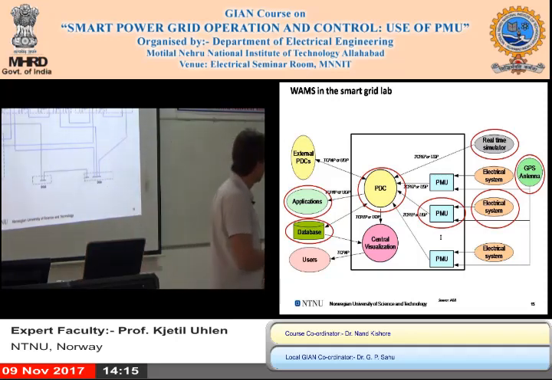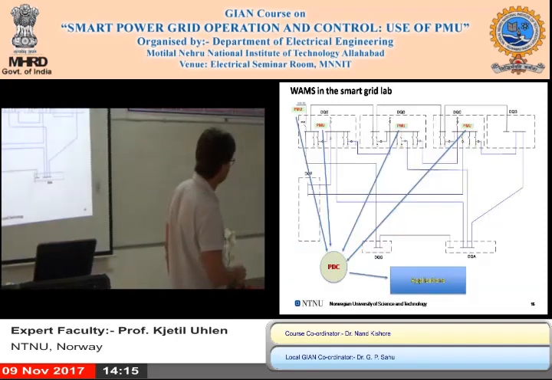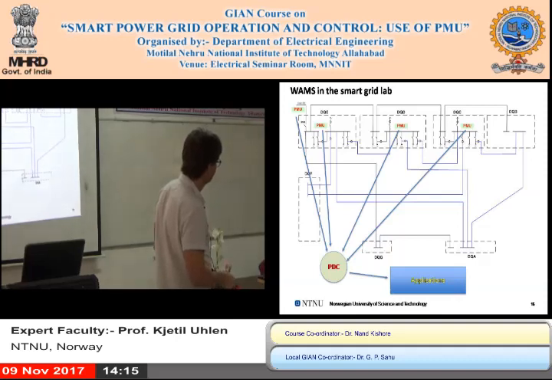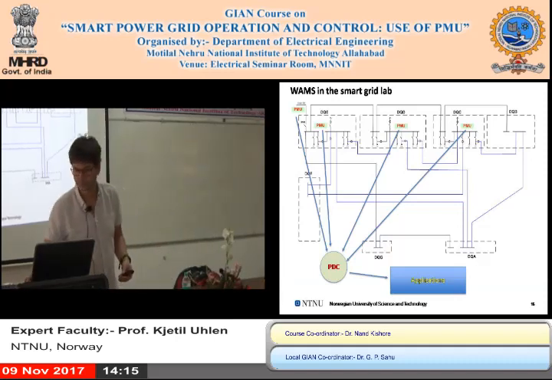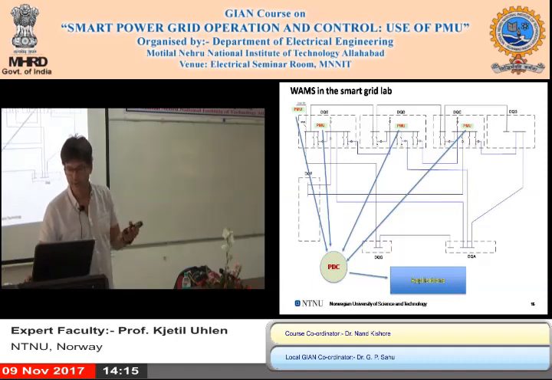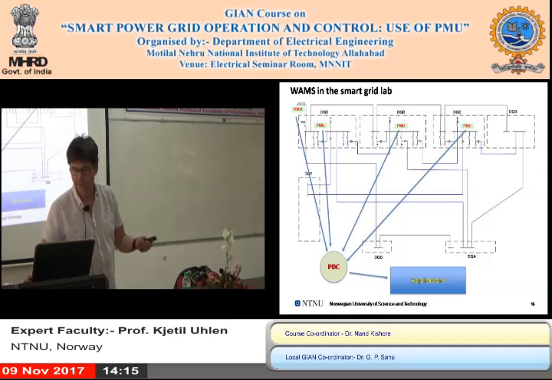As I mentioned, in the smart grid laboratory, we are interested in measurements. Since we are emulating various networks, we are interested in having PMUs on as many as possible of these nodes and the feeders from these nodes. So that is the objective. And from that, we develop applications.